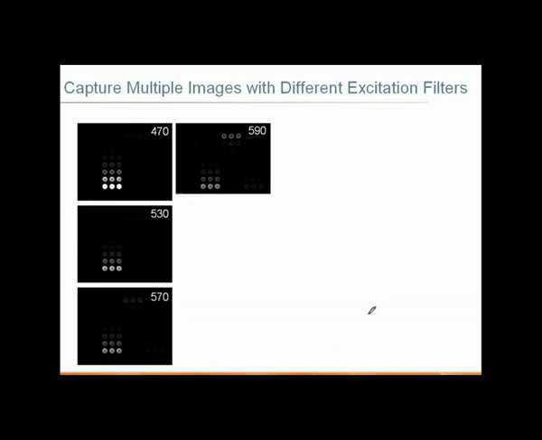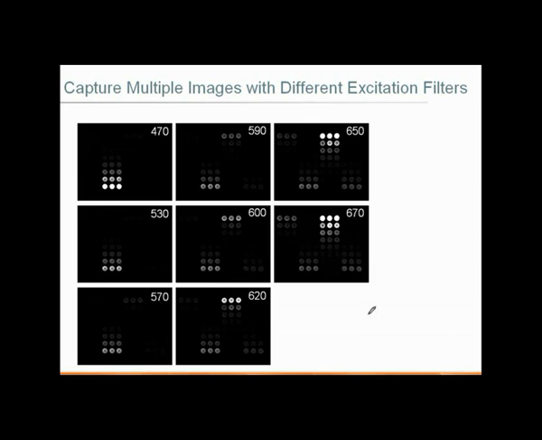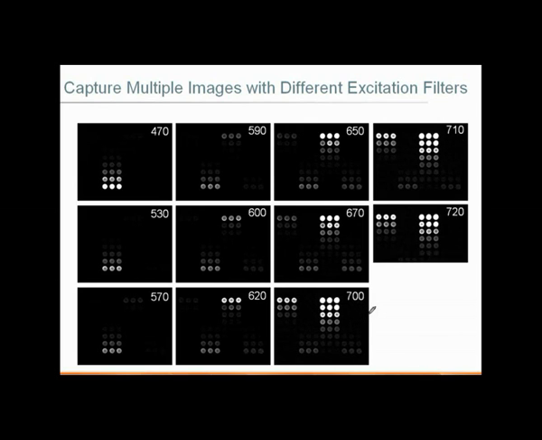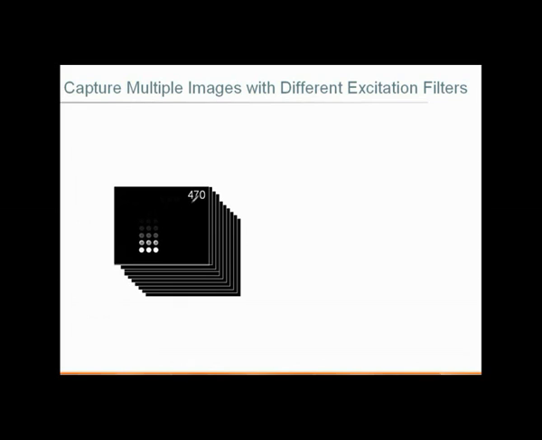What our system does is it acquires a set of images with different excitation filters. You can use a couple excitation filters or many, depending on your application. The flexibility is there for you to choose that. The system then builds up a stack of images whereby now, at each pixel in the image, the software can look down and understand the excitation spectrum observed at that pixel for every pixel in the image.